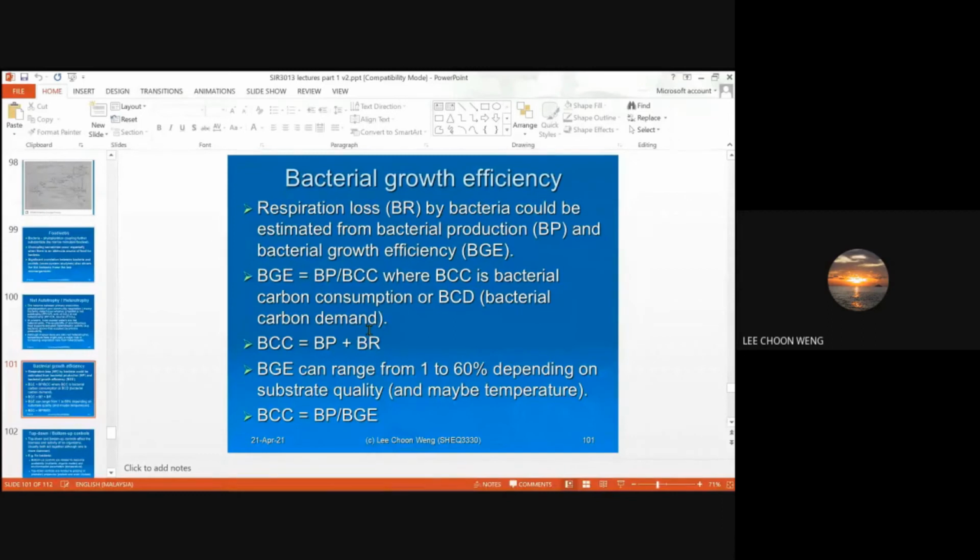So usually in some studies they will just assume a growth efficiency value of maybe about 20% to 30% and then estimate the bacterial respiration. So bacterial growth efficiency is estimated from the ratio of bacterial production over bacterial consumption, where the bacterial consumption is the sum of bacterial production and respiration. Okay, so this is just the standard formula.